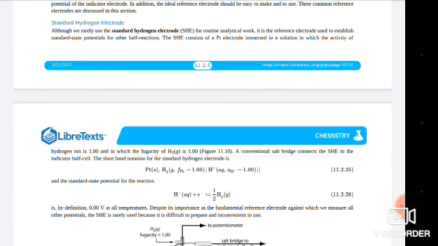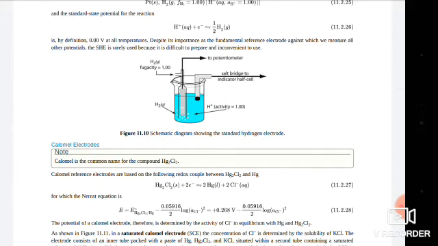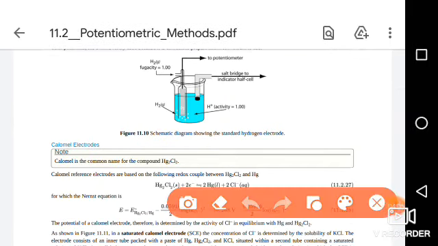Despite its importance as the fundamental reference electrode against which we measure all other potentials, the standard hydrogen electrode is rarely used because it is difficult to prepare and inconvenient to use. Now see the schematic diagram showing the standard hydrogen electrode.